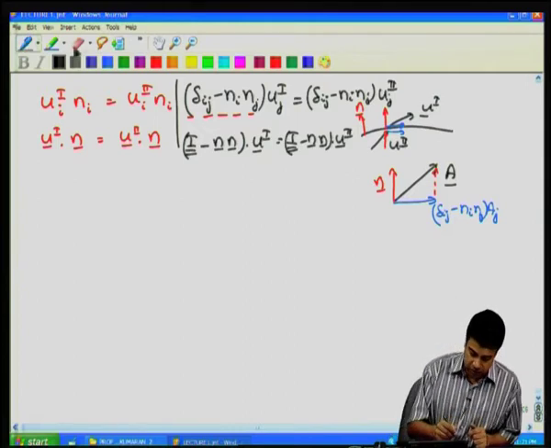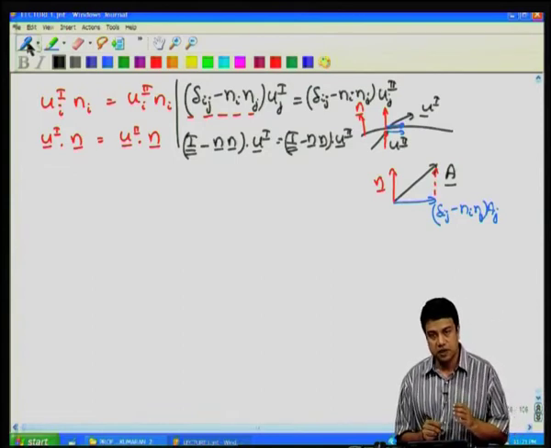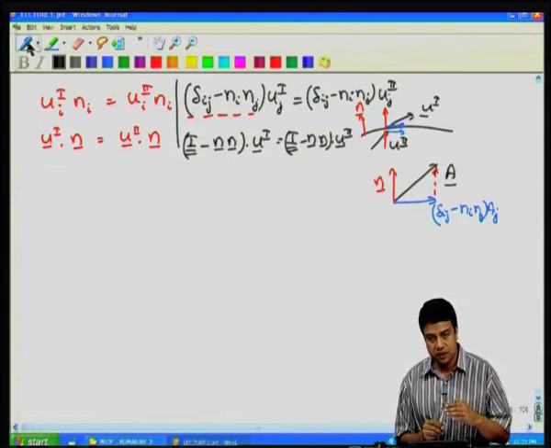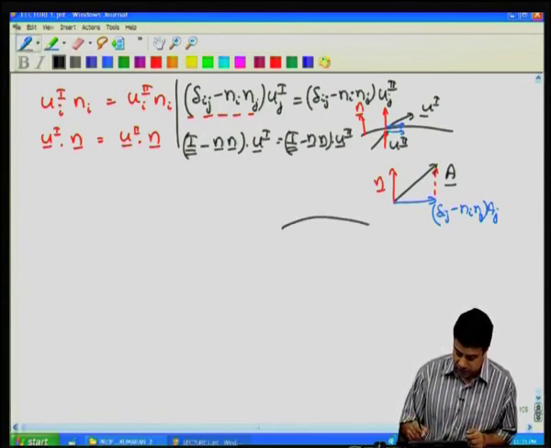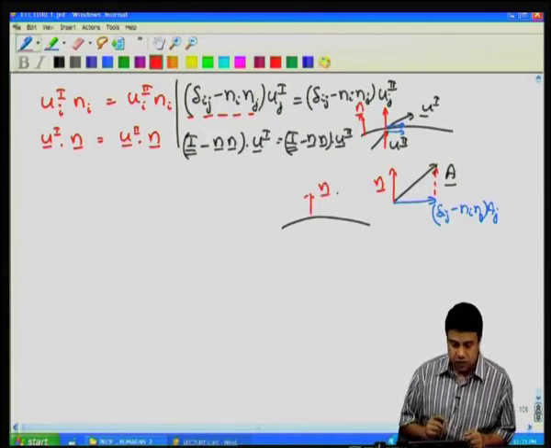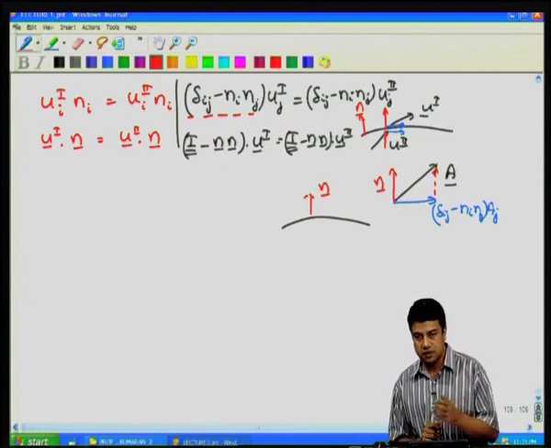Now, for the tangential component of the stress, consider the force acting at the surface with unit normal n. The force per unit area that is acting is the stress tensor dotted with n.